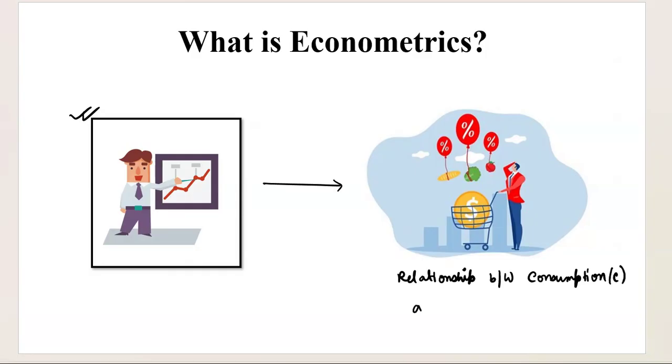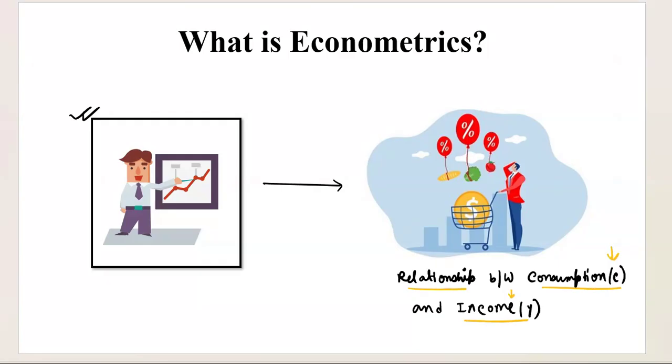First is consumption, which is denoted as C, and the second is income, which I denote by Y. You want to understand the relationship between these two variables. Now your job is to find this relationship.